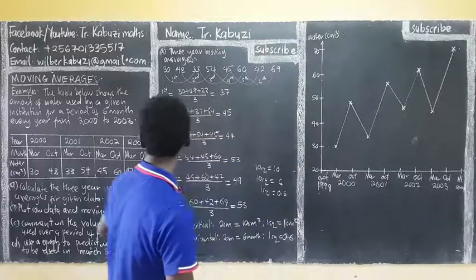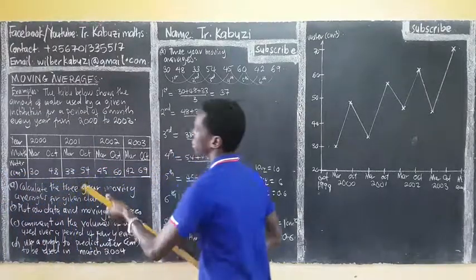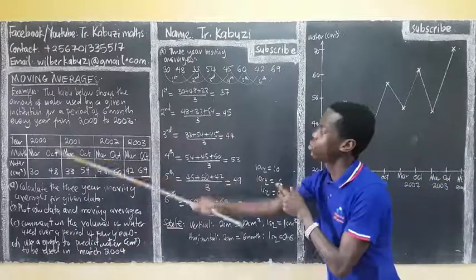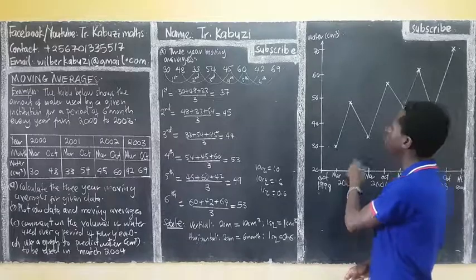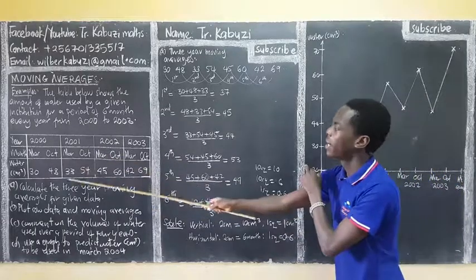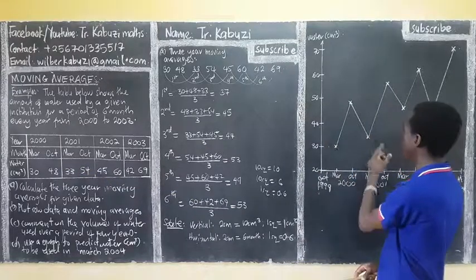March goes with 30. You see that March goes with 30. When you come to our October, it's 48. When you come to March 2001, it's 33. March 2001 goes with 33. You see the value there.